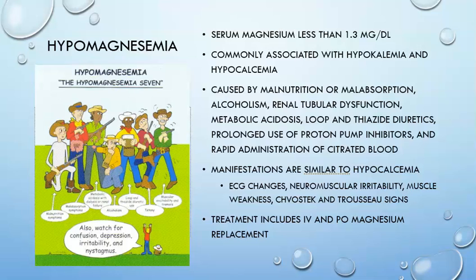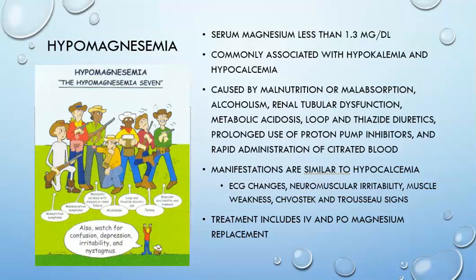Alcoholism can cause this, renal tubular dysfunction, so our kidneys are not working right. Metabolic acidosis, which we'll cover later on in endocrine. Thiazide and loop diuretics can cause hypomagnesemia.